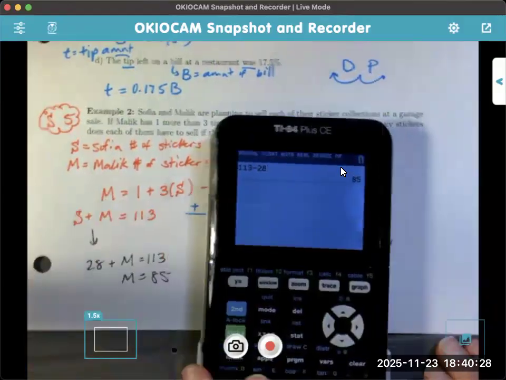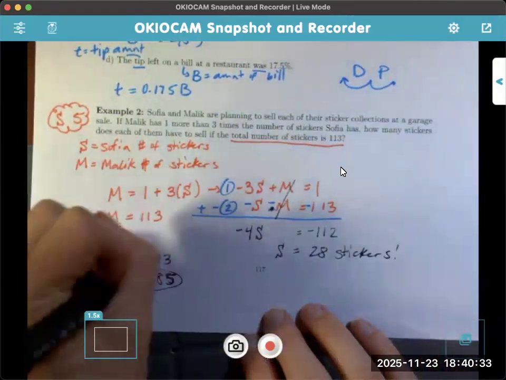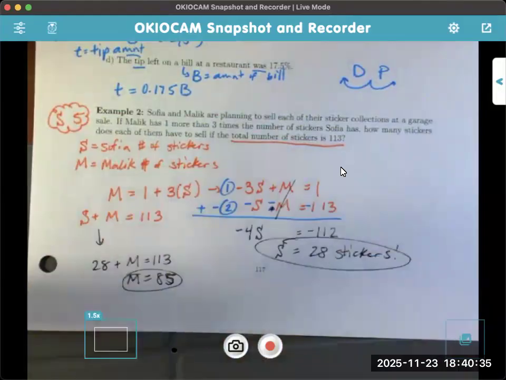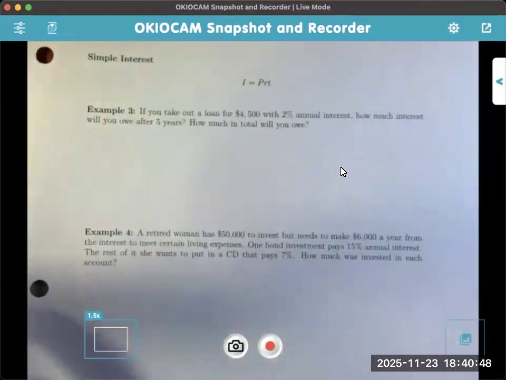So Malik has 85. Ta-da! Your first application system, direct system. Hopefully it wasn't too bad. So we'll move right along into our simple interest, our banking example.